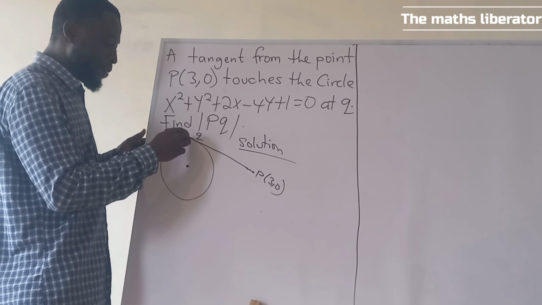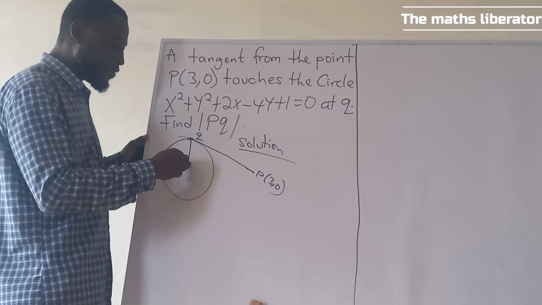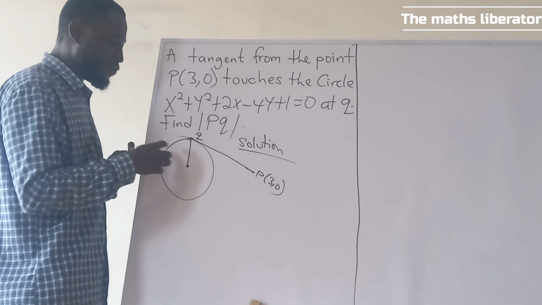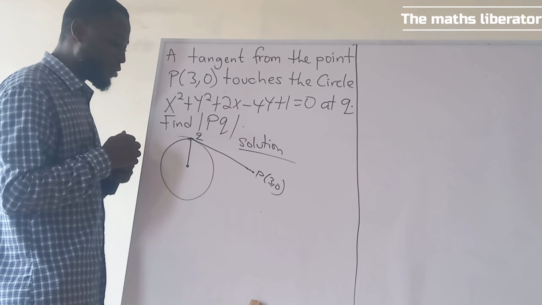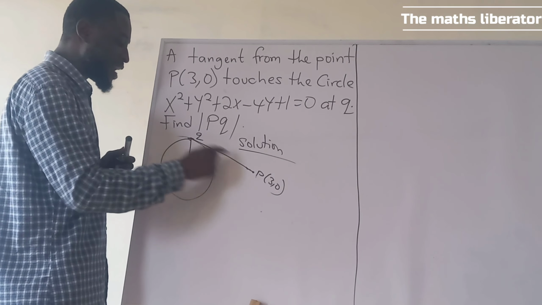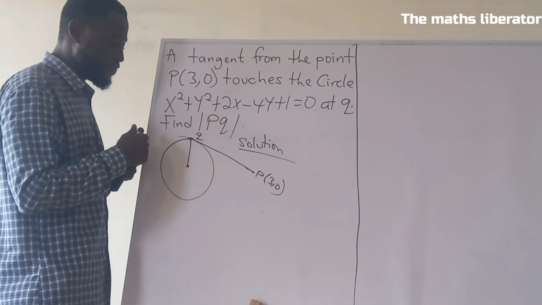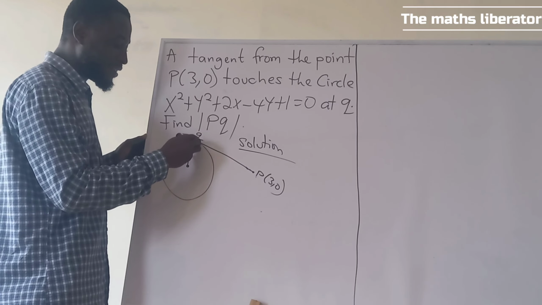When I join the point of tangent to the center of the circle, I form a radius. And there's a theorem in circles that states that whenever the tangent meets the radius of the circle, it forms a right angle.